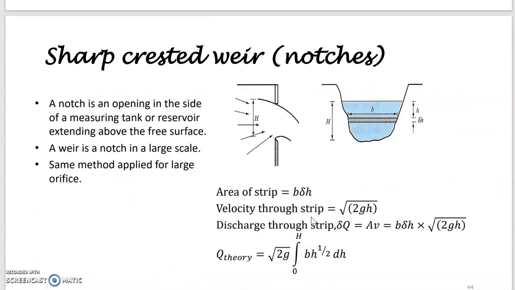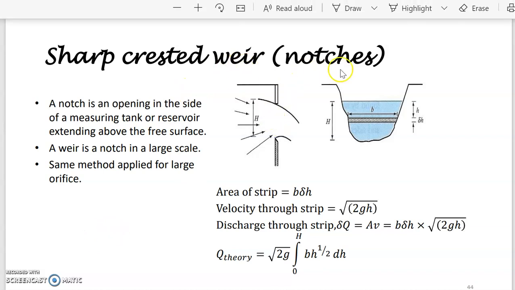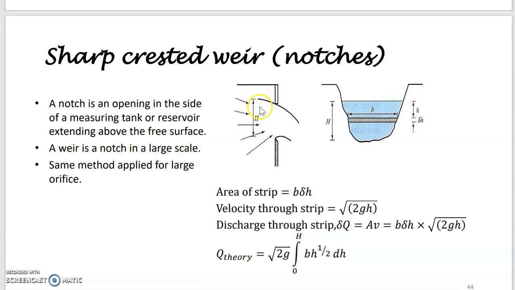Okay, now let's look into the sharp crested weir or notch. A notch is an opening in the side of a measuring tank or reservoir extending above the free surface. So basically, a weir is a notch on a large scale. For example, this is the side view.